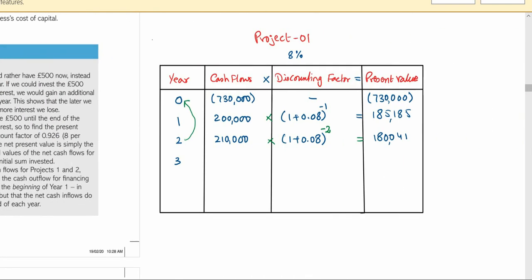Now for year 3, 220,000. The discounting rate will be 1 plus 0.08 raised to the power minus 3, because now we will discount from year 3 to 0. Present value means we want to go to today, at year 0.